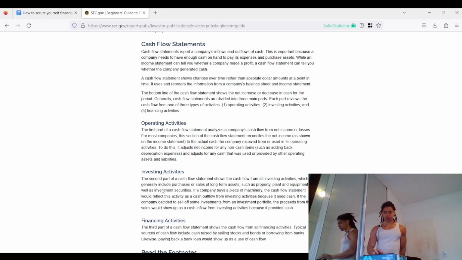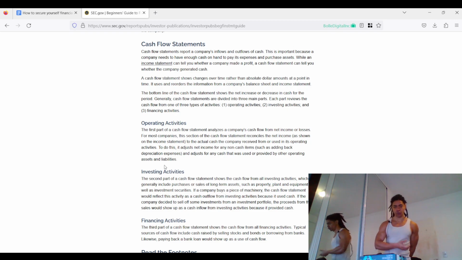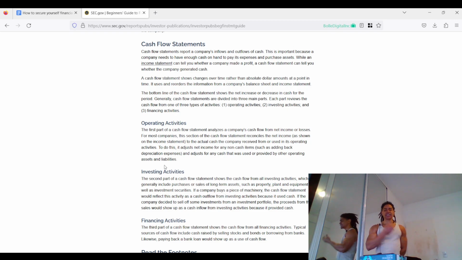When we talk about the operating activities, most of the time they can be broken down into common operating assets and liabilities.